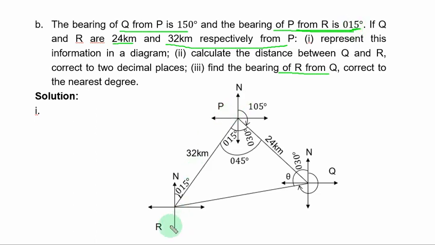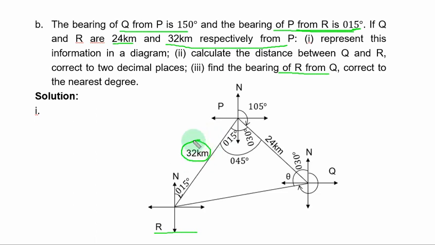So we have R somewhere here. 015 degrees is in the first quadrant. So from here you take it to P and the distance is 32 kilometers.